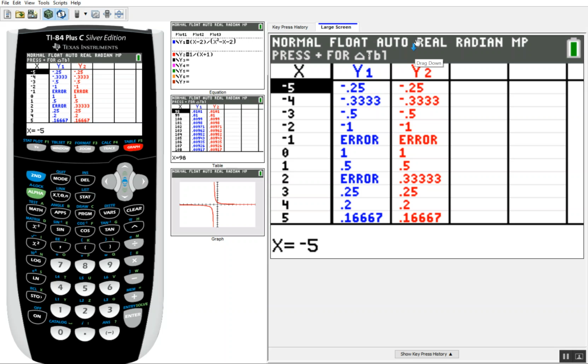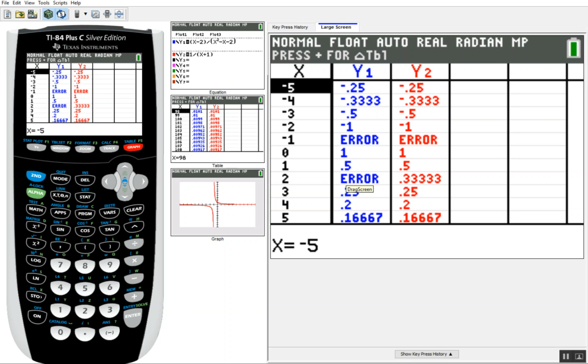But notice that at x equals 2, y1, our original equation, has an error, while y2, our function after the cancellation, does not have an error. So when we cancel x minus 2 over x minus 2, we are actually creating a hole in the graph. This function y1 looks like the graph of y2, except at x equals 2, where we made the cancellation, we're just going to have a hole in the graph, which is represented by the error that you see on the table.